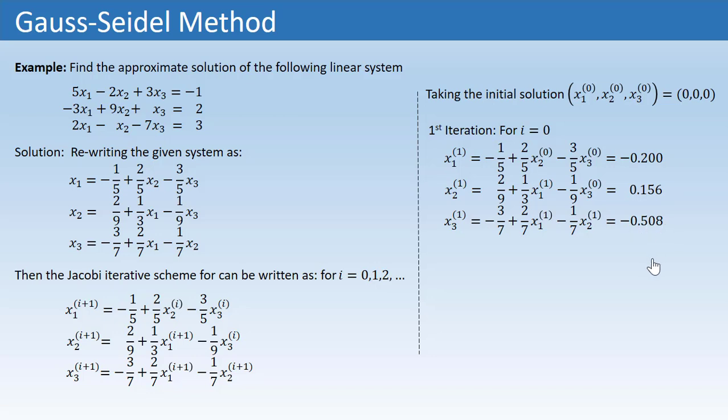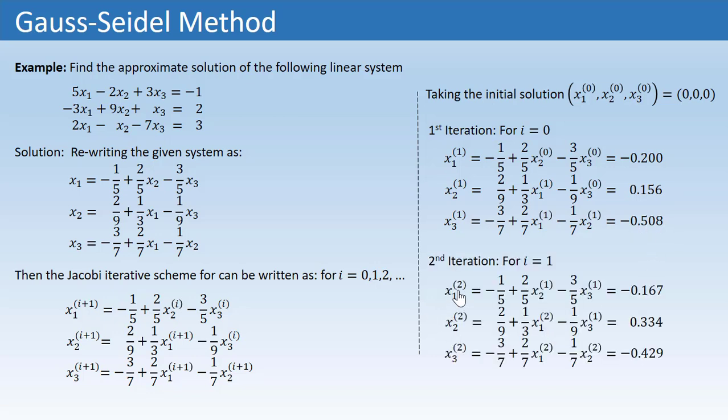Similarly, for i equals 1, we get the solution expression for the second approximate solution, and substituting the corresponding values we get minus 0.167, 0.334, minus 0.429. Similarly, if we substitute i equals 2, we get the solution expression for the third approximate solution.